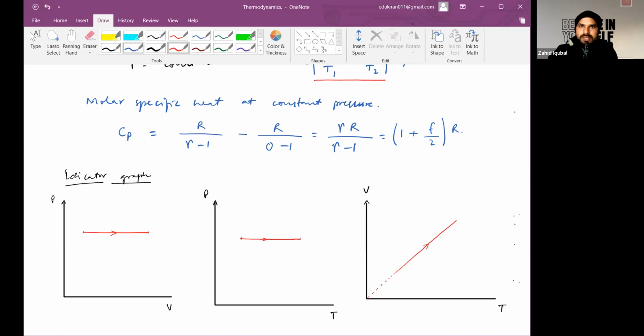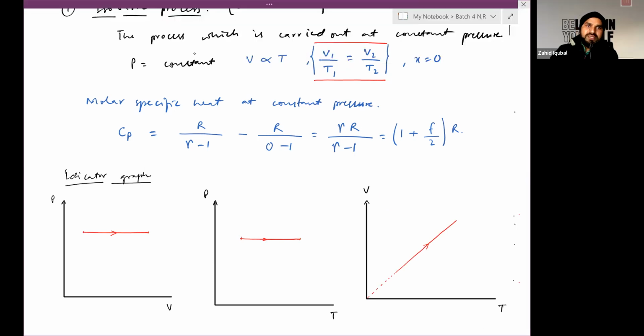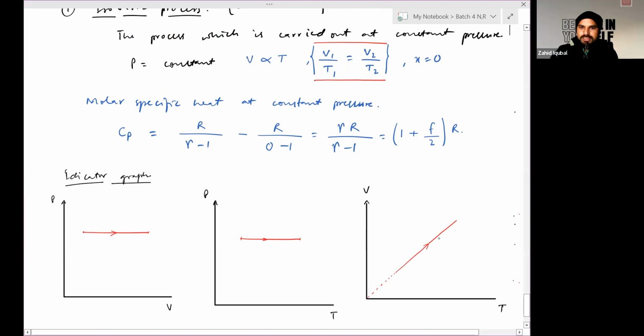Now for the third part, we have to define some quantity related to this curve. We may write the ideal gas equation as PV equals nRT. Since in this curve we have volume along the y-axis and temperature along the x-axis, move temperature to the left side and pressure to the right side.